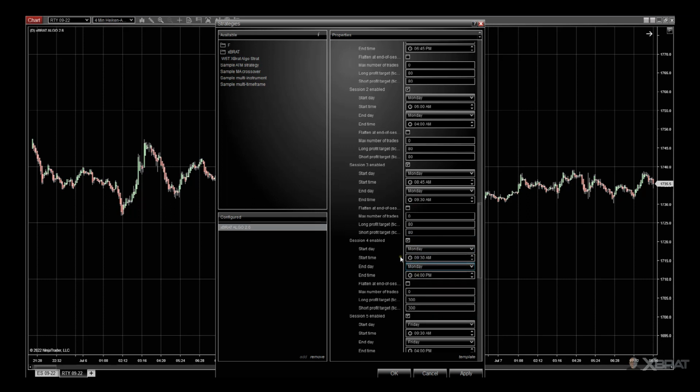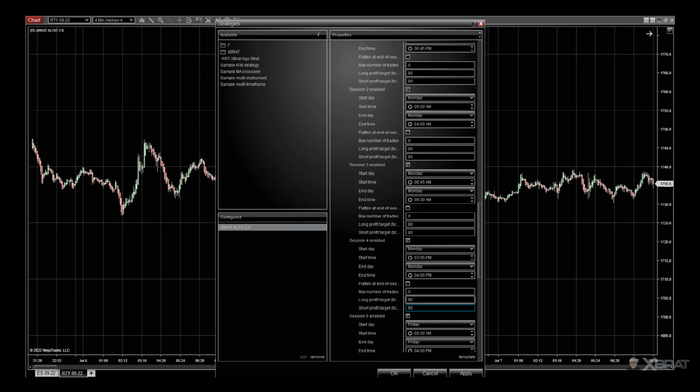The next one was 3 to 4 p.m. To 4 p.m. Monday to Monday. 80. Now, there are other ways to do this if you just want to be looking at longs or shorts. If you don't want to take long trades between a certain time frame, just put 0 and it just will not trade longs between 3 and 4 p.m., for example.